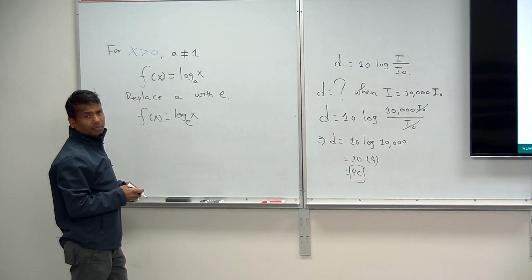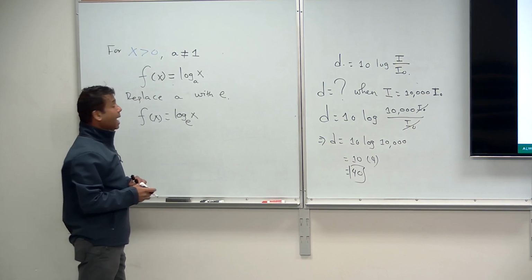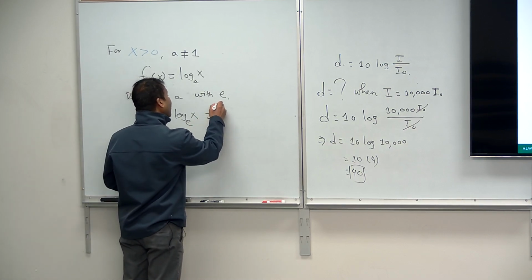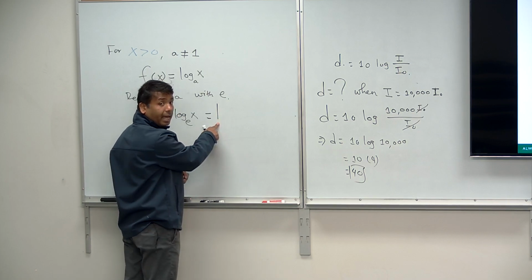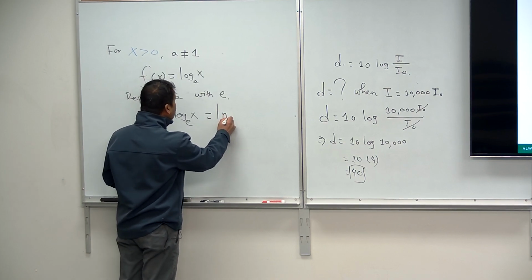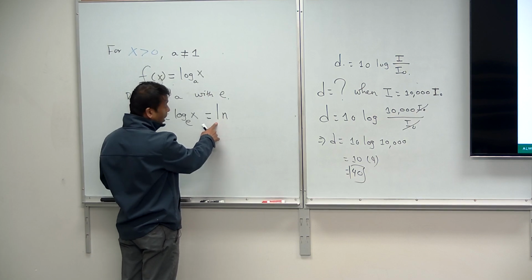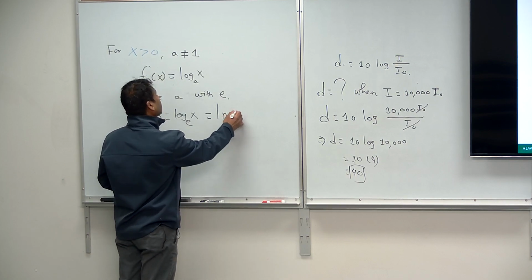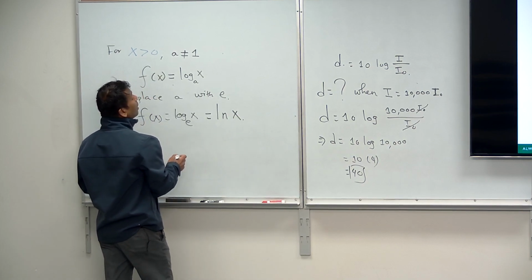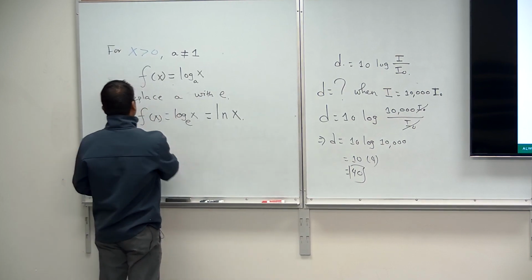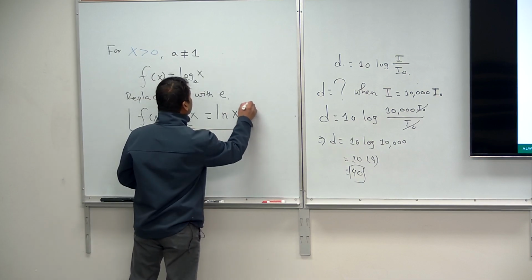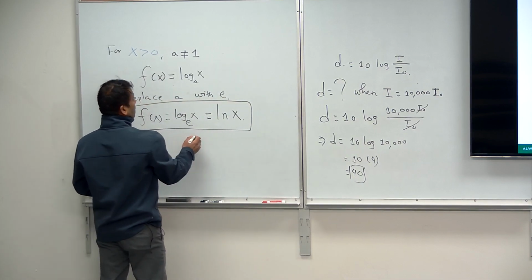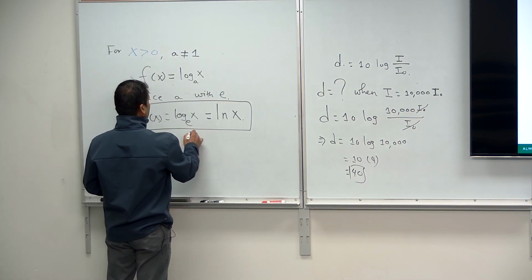Good? Right? And this is denoted by ln. L stands for log and N for natural, so ln x. So this is the natural logarithm.